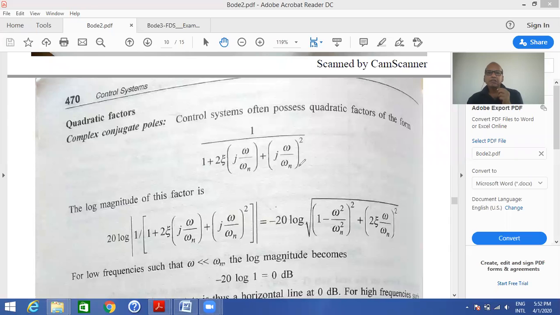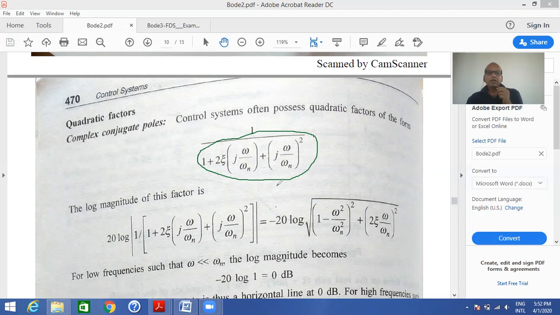This is the standard form of the second order system. Convert this into the time constant form, that is 1 plus 2 zeta j omega upon omega n minus omega square upon omega n square. This is derived by taking the common term, omega n square, outside.